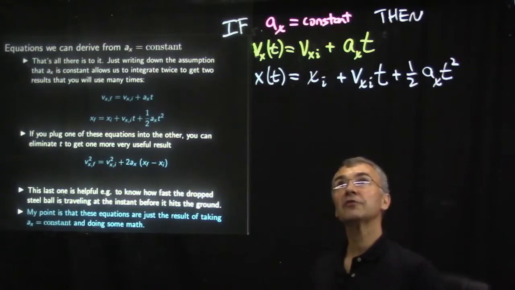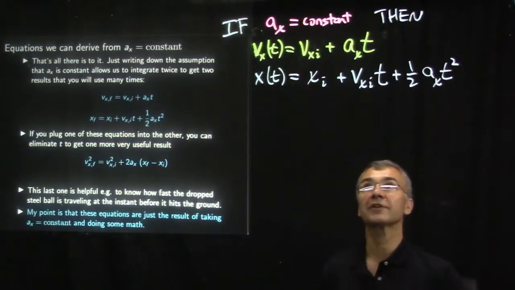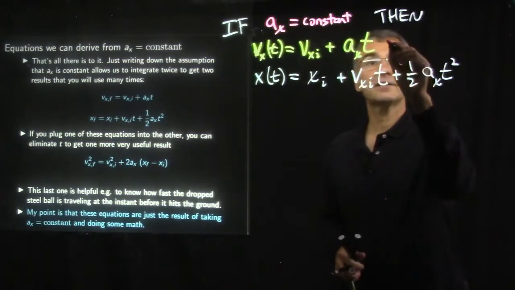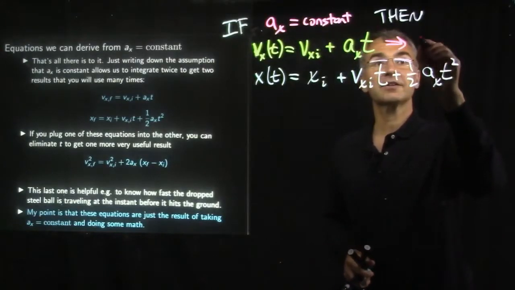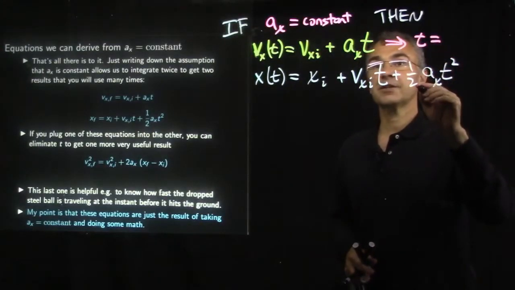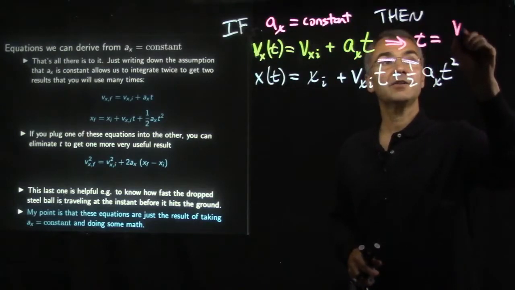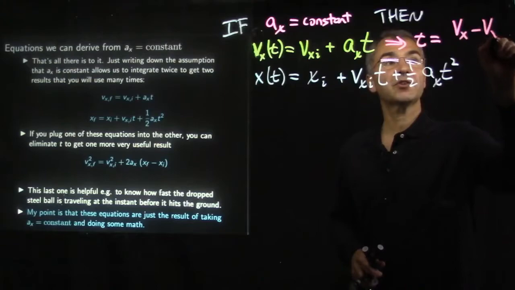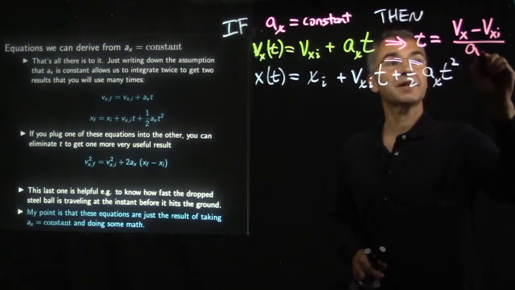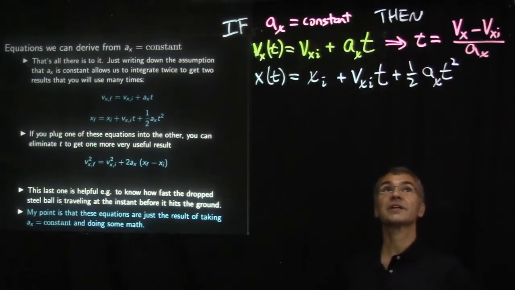So if we solve the second equation for the time, then this gives us that the time is v sub x minus v sub x initial divided by a sub x.